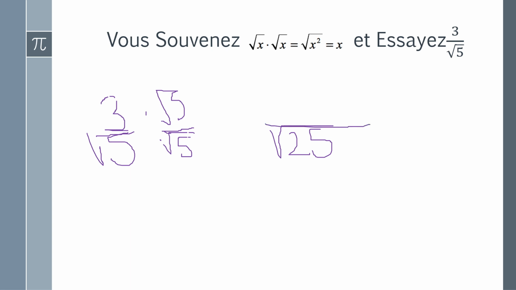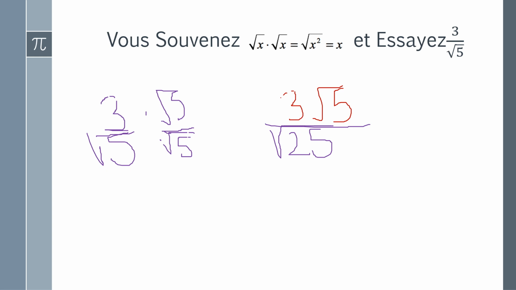And then when you multiply 3 times 5, now here's where it gets interesting. Because 3 is not a square root, you're just going to leave 3 alone. So it's going to be 3 square root of 5.